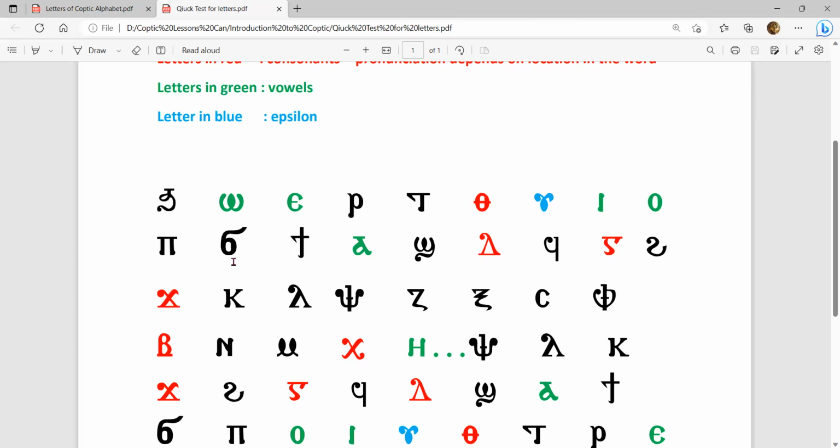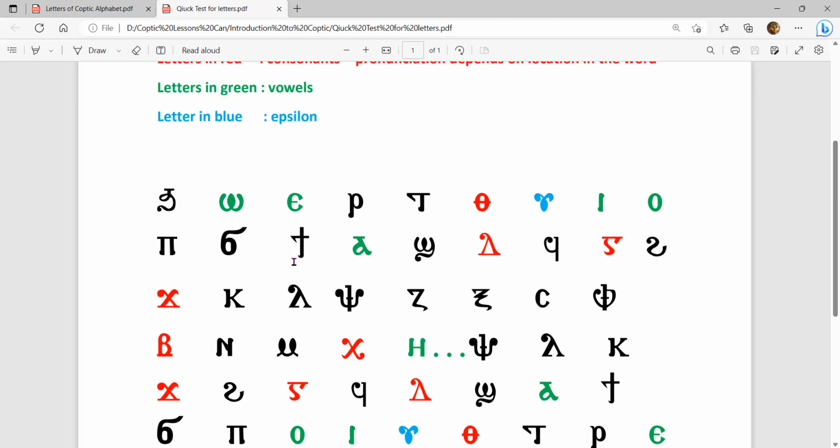Then we have the Chima. We can take the two letters in English, CH, like the word church. So it goes for the ch, church, Chima.